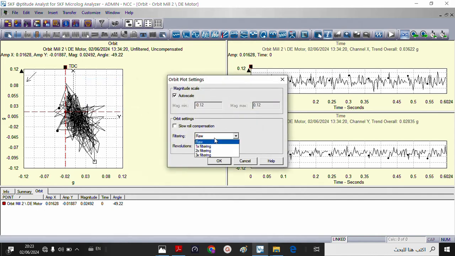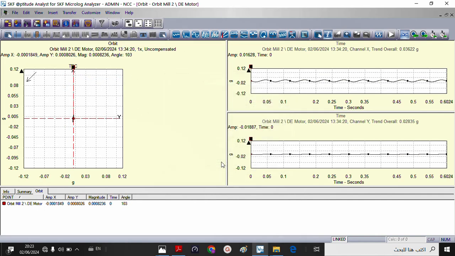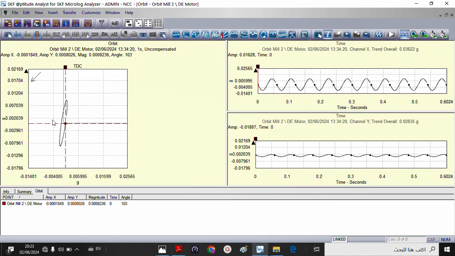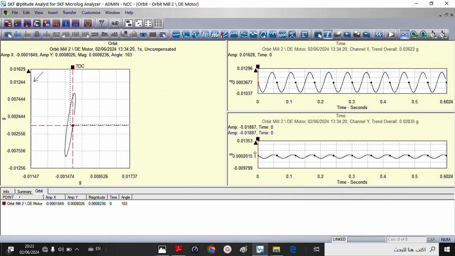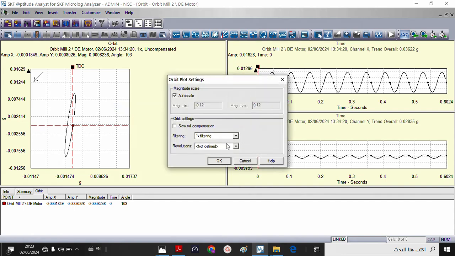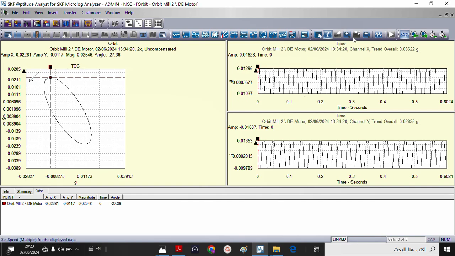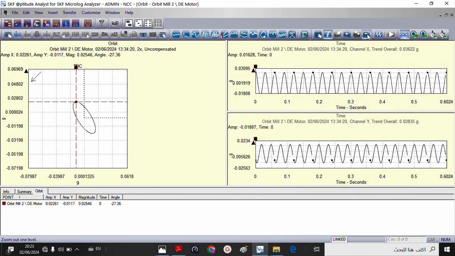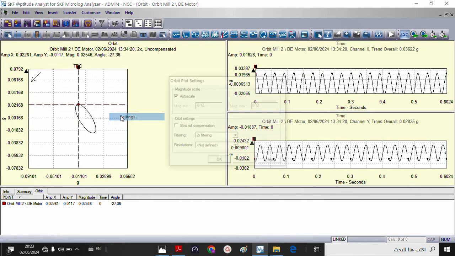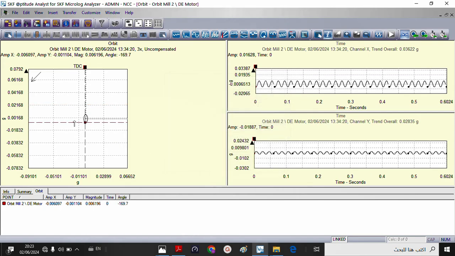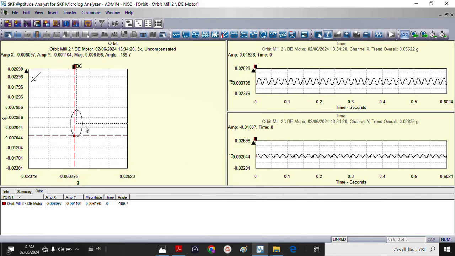You can go to the filtering to 1x and zoom in to see it. And if you want to see the 2x filtering, you see it in the opposite direction. You can see it here. And if you want to see the other filtering here, you can see it.